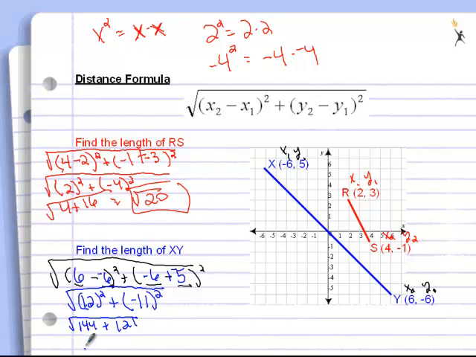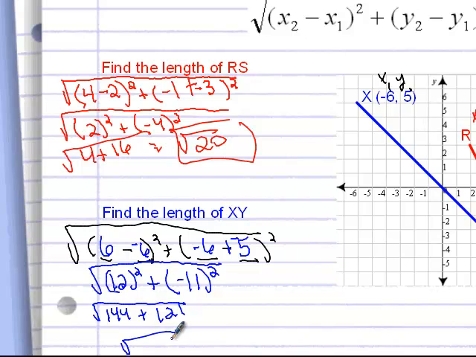Now if I add these together, 144 plus 121 gives me 265, and again the square root of 265, so that's my answer. That's good enough. I don't need to break that down any further. I certainly don't want to punch it in my calculator and get some big old decimal. I know it's not a whole number, so I don't want to write the long decimal. That's a good enough answer. Why do more work than you have to?